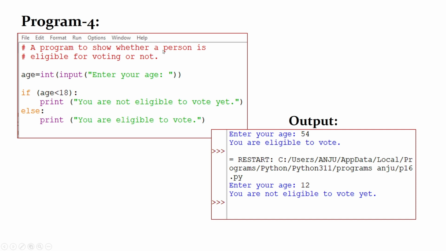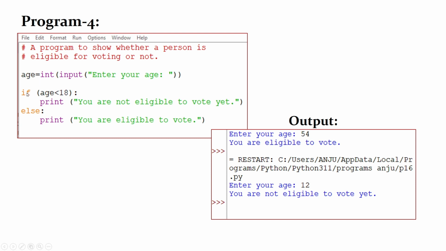This is a program to show whether a person is eligible for voting or not. You know very well what is the age required to vote. A candidate should be 18 or above. So age is equal to input enter your age. We have accepted the value of age in the variable age.